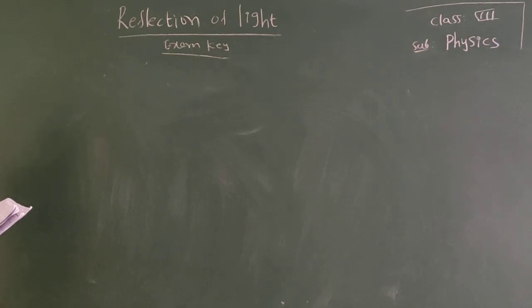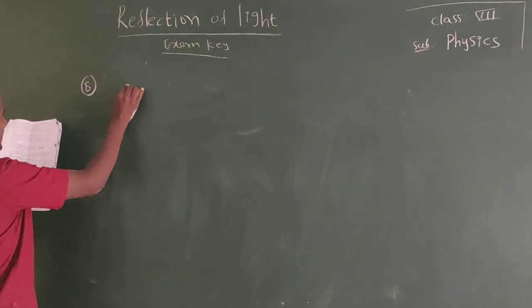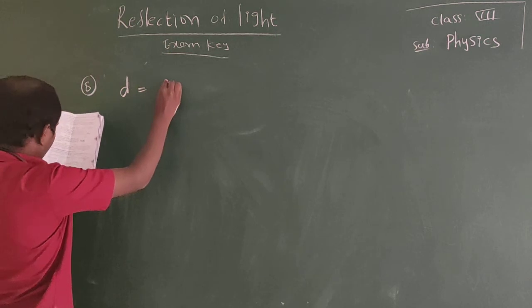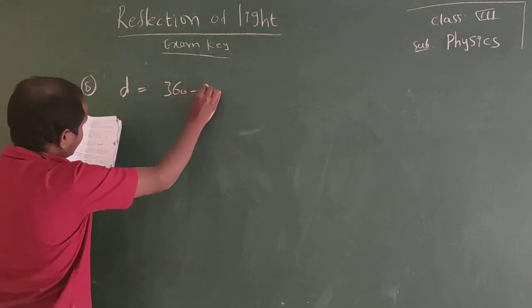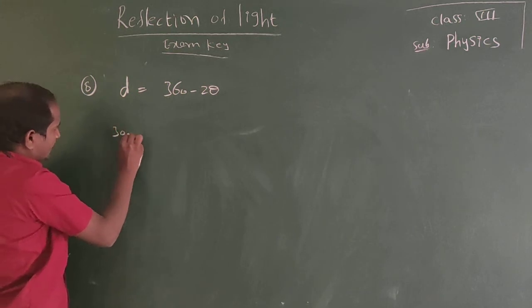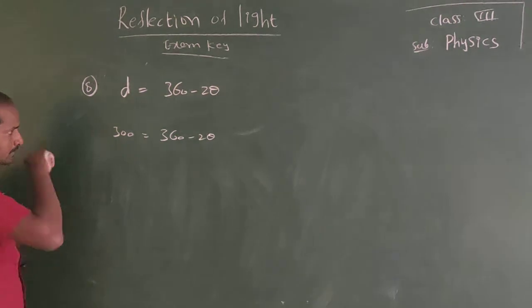A ray is reflected successively from the two plane mirrors, inclined at an angle, and the deviation is given. Here D equal to 360 minus 2 theta for the two plane mirrors. Deviation is 300, so 300 equal to 360 minus 2 theta.